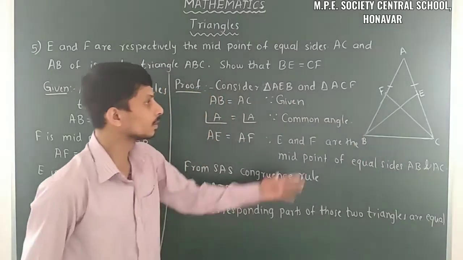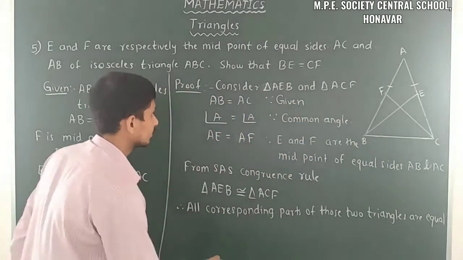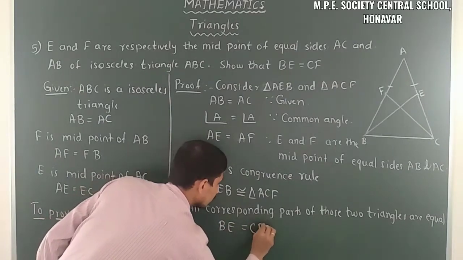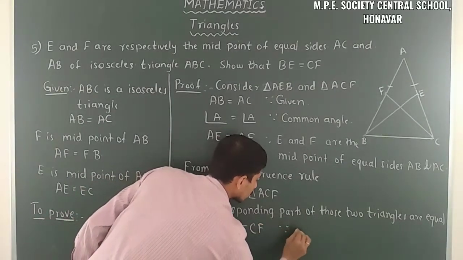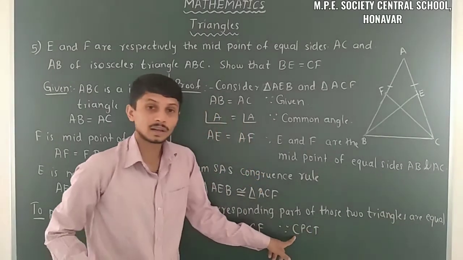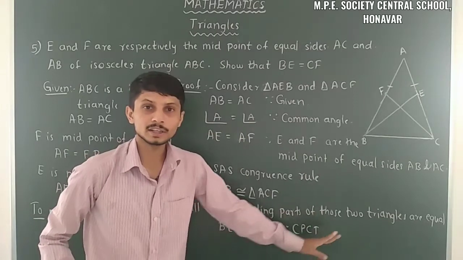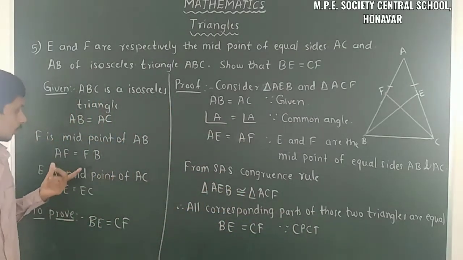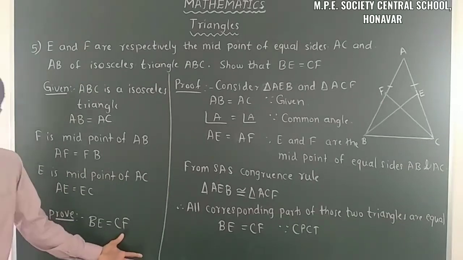Therefore, we can take BE is equal to CF. This BE is equal to CF because of CPCT, that is, corresponding parts of congruent triangles. Here is the proof: BE is equal to CF.